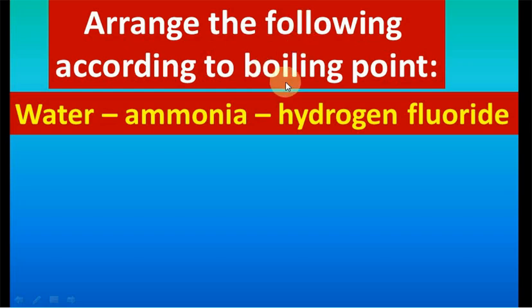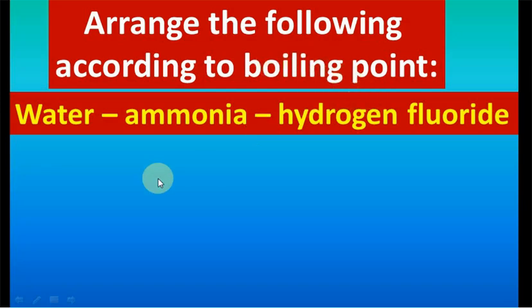Boiling point will be higher when the polarity is higher, so the hydrogen bond will be stronger. The partial negative and partial positive are higher, so they will be attracted more strongly by the hydrogen bond. A stronger hydrogen bond means a higher boiling point.